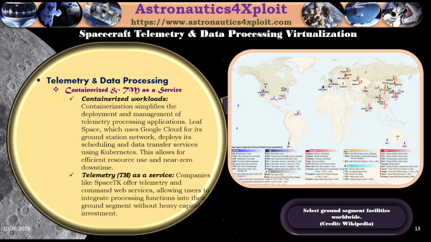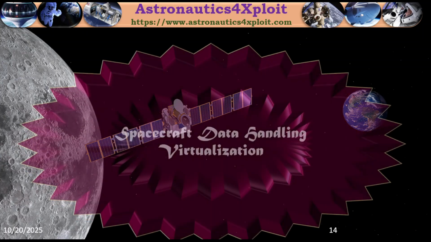Telemetry as a service. Companies such as SpaceTK offer telemetry and command web services, allowing users to integrate processing functions into the ground segment without heavy capital investment. Select ground segment facilities worldwide is illustrated in this picture.